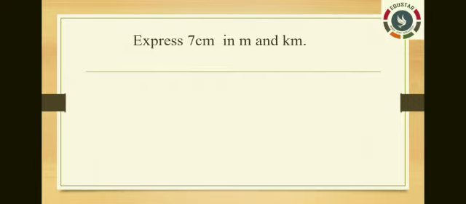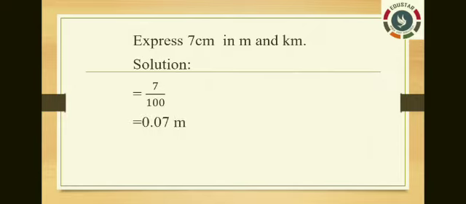Next example, express 7 centimeter in meter and kilometer. 1 meter is 100 centimeters. So we change centimeter to meter using the division concept, 7 by 100. 7 by 100 is 0.07 meter.